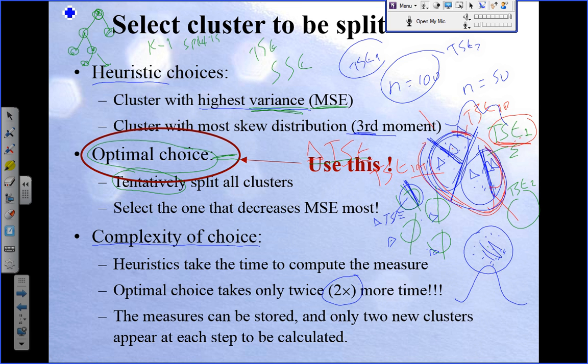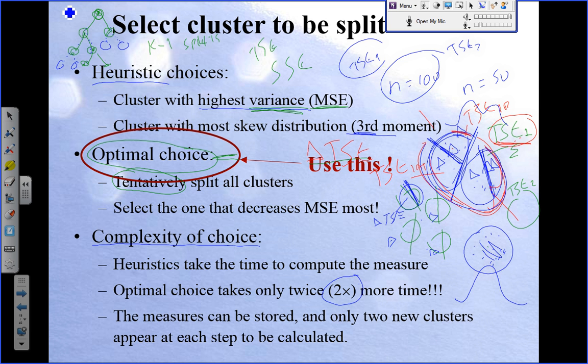But for this optimal choice, I need to do the tentative splits. What does it mean? If this is my final result, I don't know when I get there, so for example, when I split this one, I have these two. So what I need to do is the tentative splits here. I do the tentative splits here also, and then I make the choice. This was split. Then I need to do the tentative splits for this one. Okay, this was split.